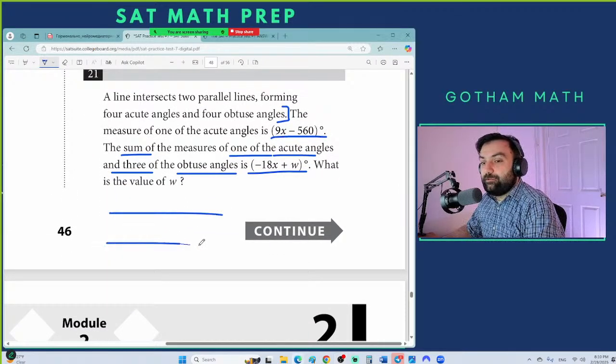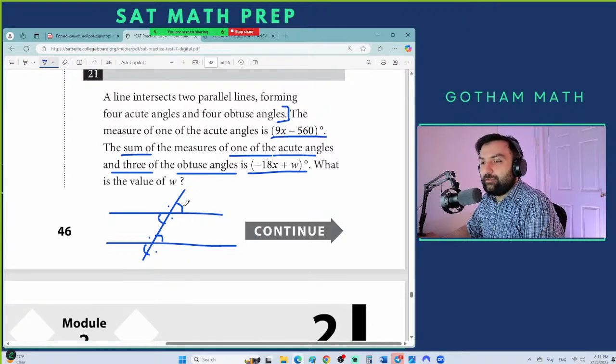So 2 parallel lines are being intersected by another line. It's also called a transversal, and it does create 4 acute and 4 obtuse angles, basically like these on the other sides. Now let's put in what we see.